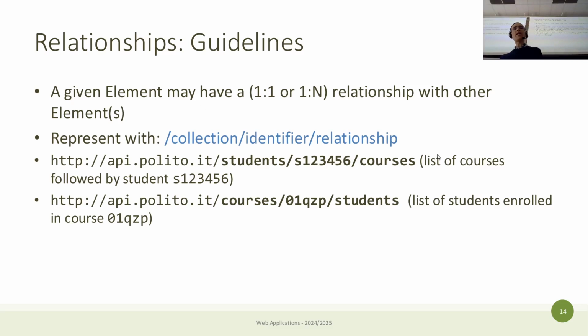Well, that's a good way to represent this information in the URL: the collection, the identifier in the collection, and the relationship. In this case, it's just courses. It doesn't mean the list of all courses in the university, but the courses which are attended by a certain student. It can also be the opposite, all the students enrolled in a course.